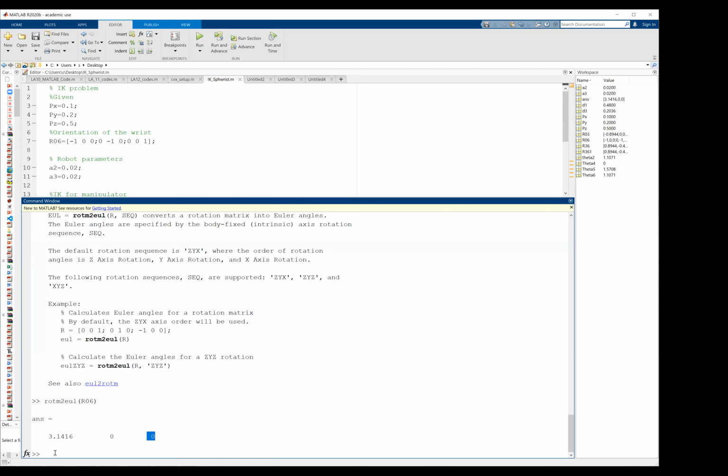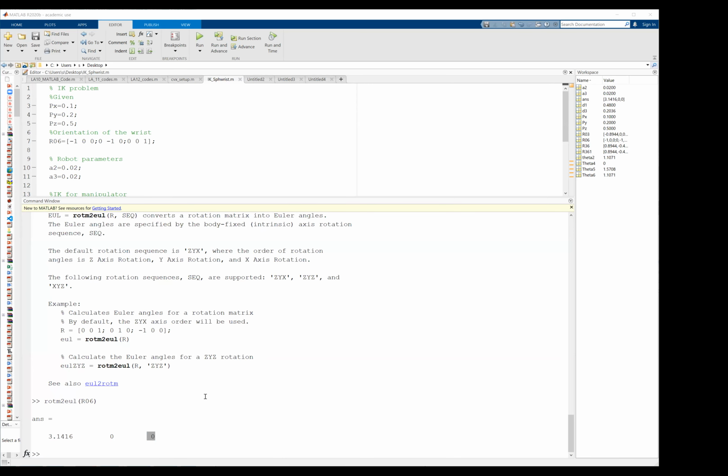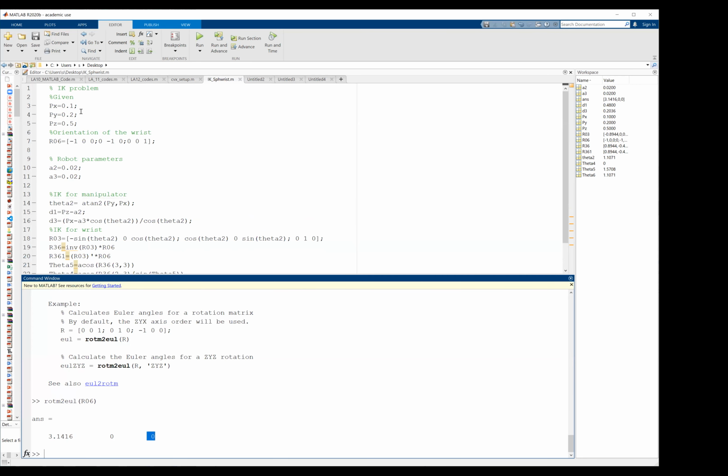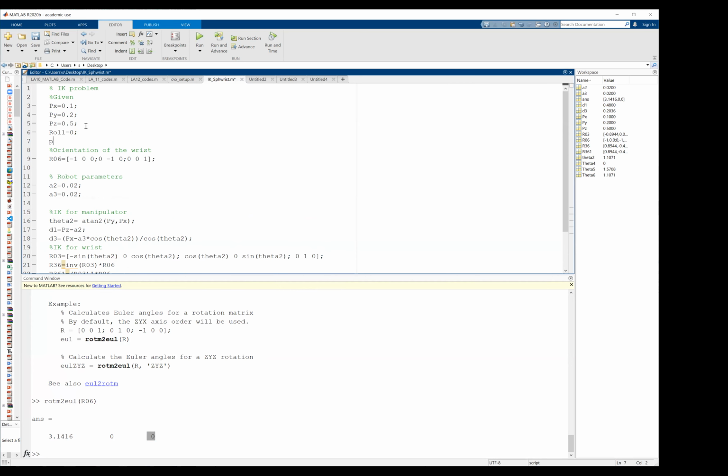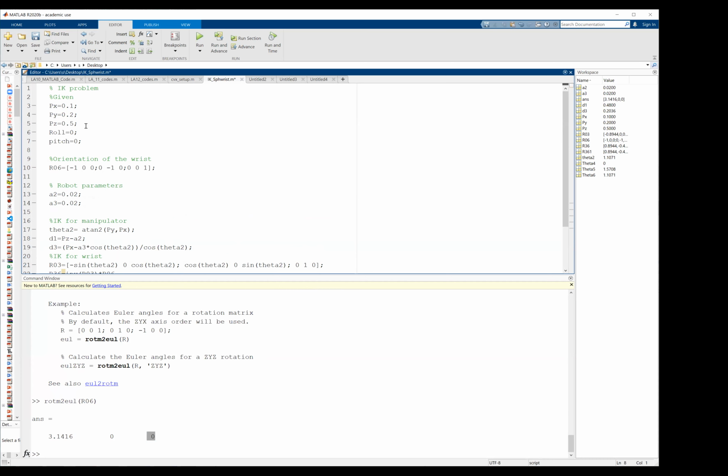Now say I give you a problem where position values are given to you as distances, but the orientation values are given to you as Euler angles. So let's look at this problem: say roll is equal to 0, pitch is equal to 0, and yaw is equal to 0.